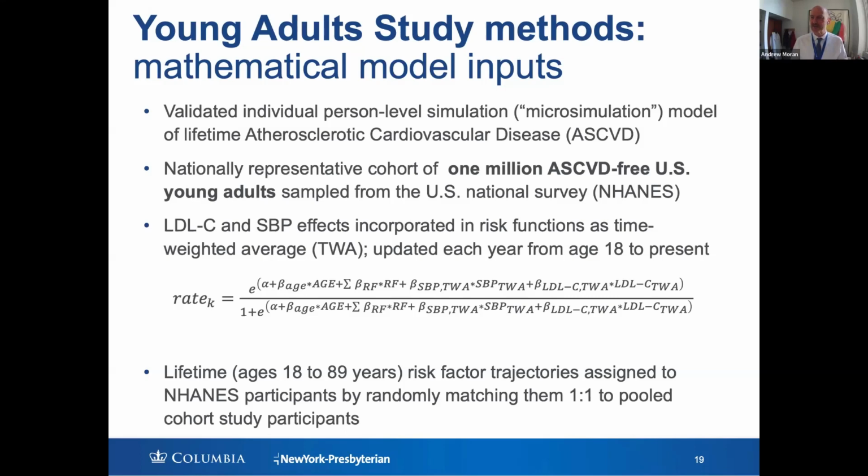And we also had models with time-weighted average blood pressure, but this is a cholesterol-focused study. So we had time-weighted average cholesterol from age 18 to 39, and then time-weighted average cholesterol from age 40 and above.